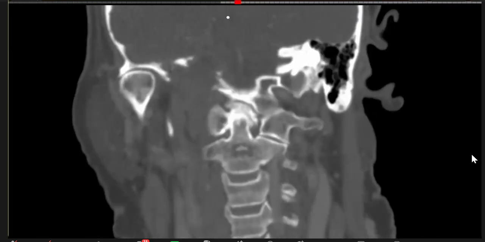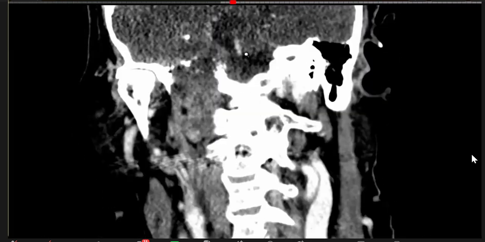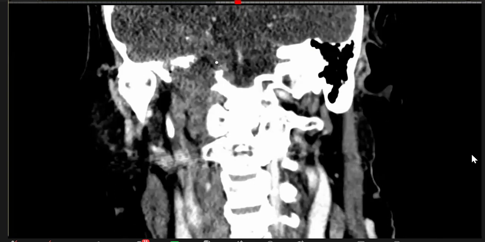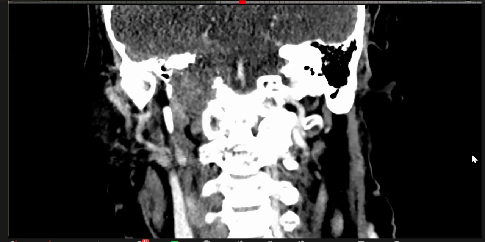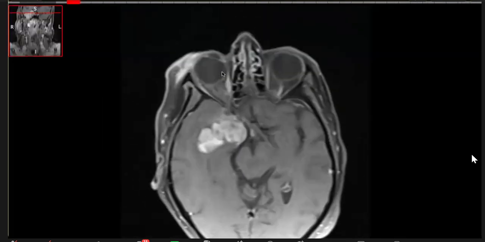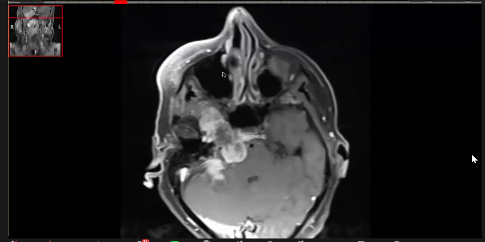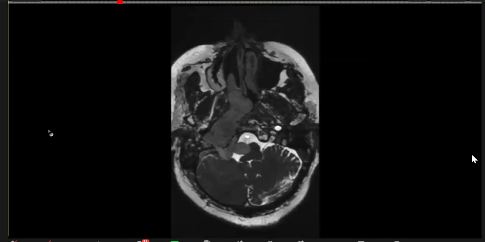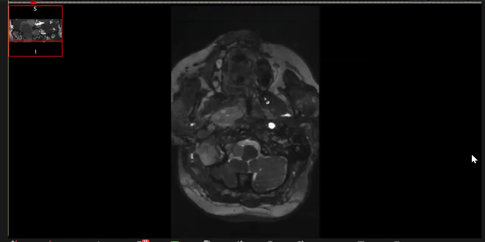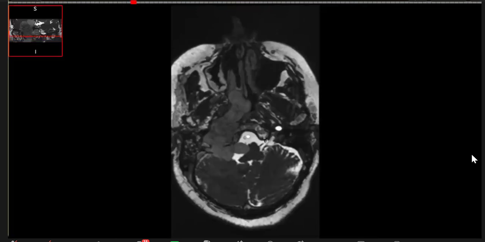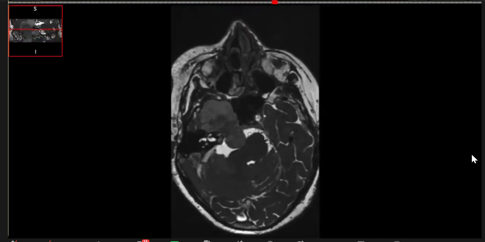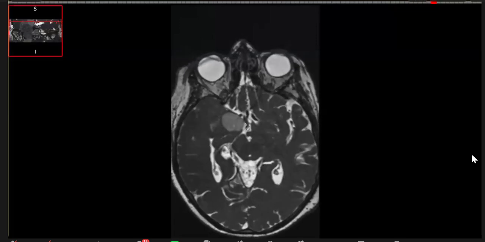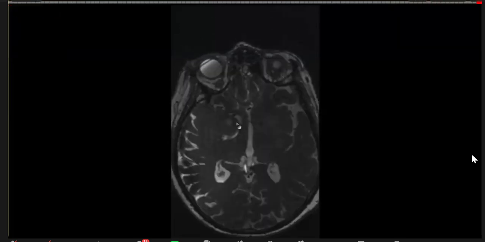If I go to post contrast, you can see this mass here. So this is a jugular foramen mass also indirectly, and this is how it behaves on post contrast. But I would like to show you a bit of anatomy on this CISS sequence, and you can see even on this sequence how it is going all the way superiorly, extending all the way here, right?